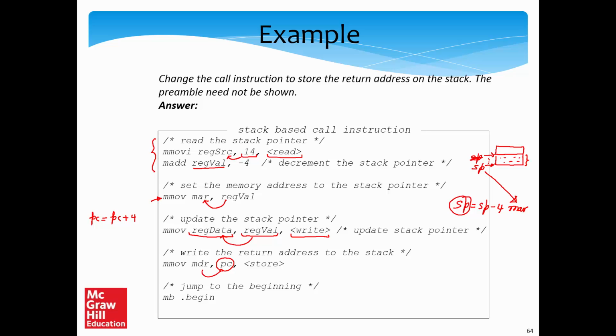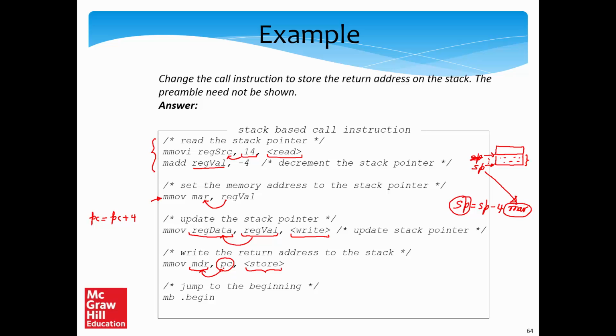So we move this to the MDR micro register, and simultaneously we issue the store command on the bus. This ensures that we store it to this location on the stack. Let's see how. The MAR register, which contains the address, already contains the location of the new stack pointer. This has been done here, so the address is correct.